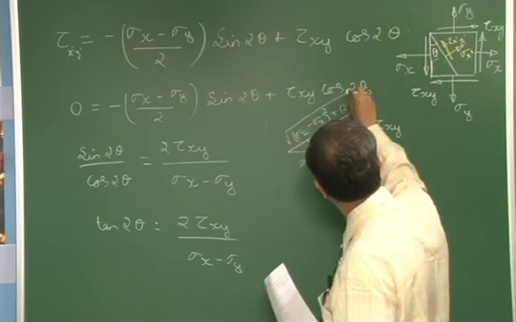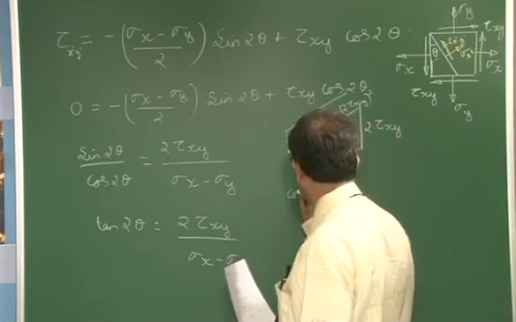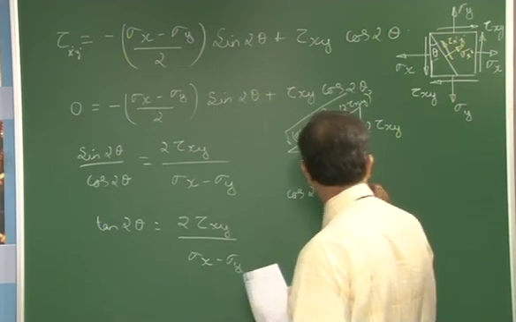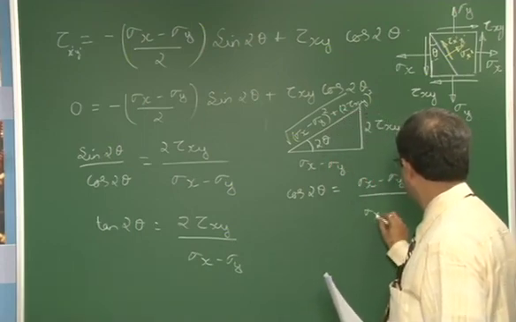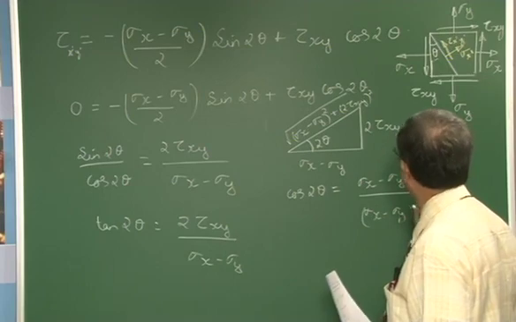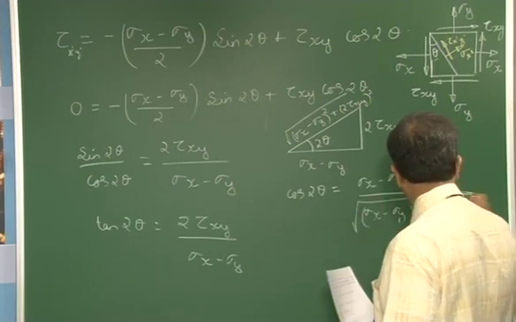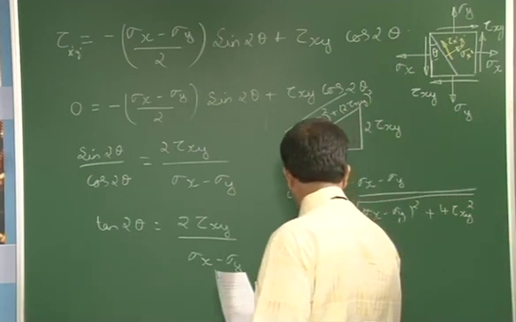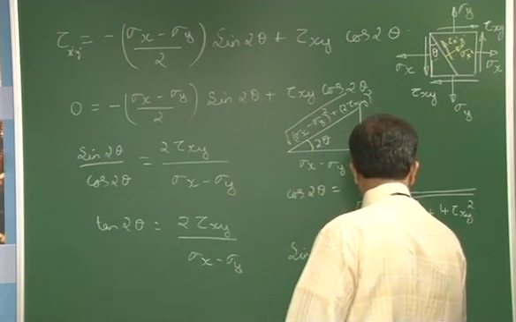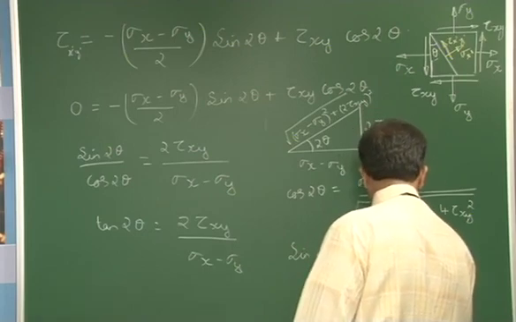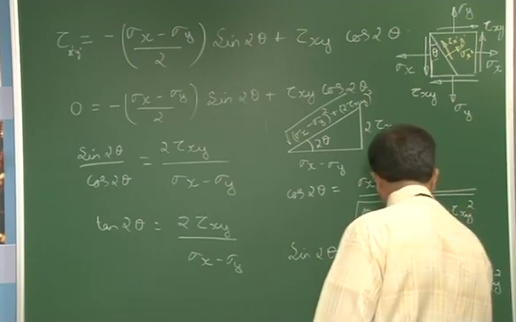Now, from this I can also find out cos 2 theta, which would be equal to sigma x minus sigma y divided by the square root of sigma x minus sigma y whole square plus 4 tau xy square, as well as sin 2 theta, which is equal to 2 tau xy divided by the square root of sigma x minus sigma y whole square plus 4 tau xy whole square.